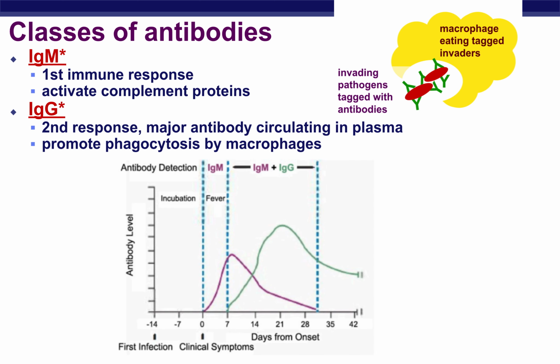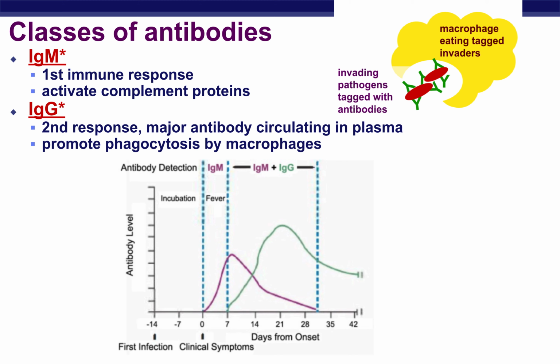Okay, now there's actually a lot of different types of antibodies. We're really going to focus in on 2 kinds though. One is called IgM and one is called IgG: immunoglobulin M, immunoglobulin G. So the M antibody, IgM, is the one that's usually produced first in your immune system response.